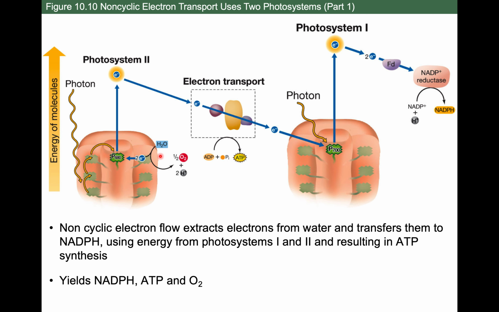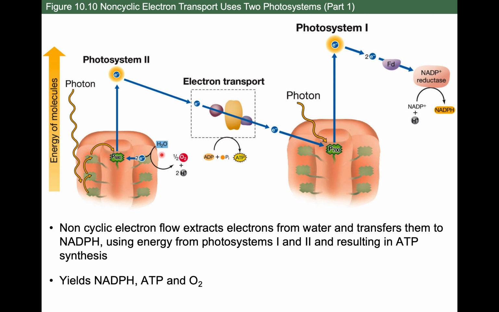The other thing I wanted to mention is we do have an issue over here in photosystem 2. This chlorophyll in the reaction center is losing electrons and they need to be replaced somehow. And the way the plant does that is it will use water, so this is why we need water in the chloroplast.